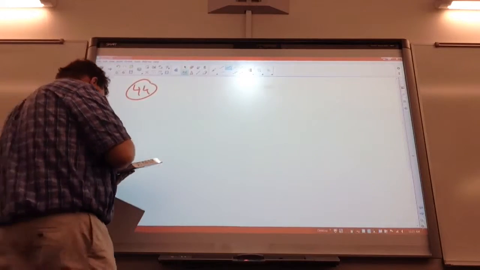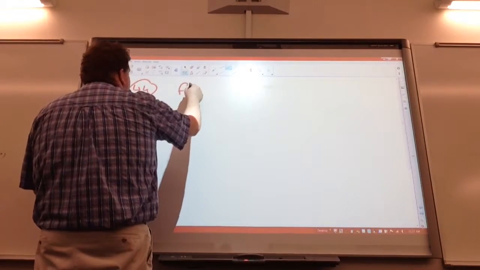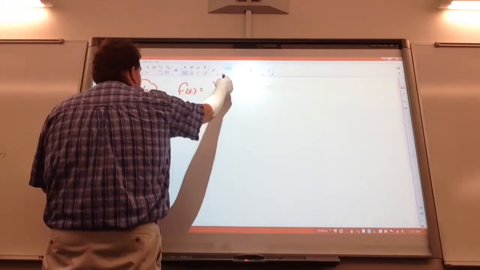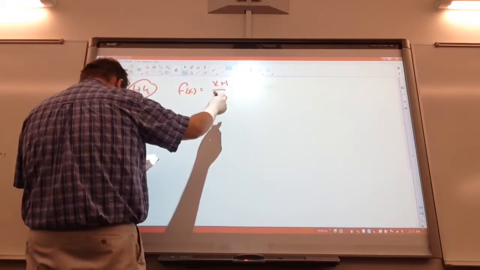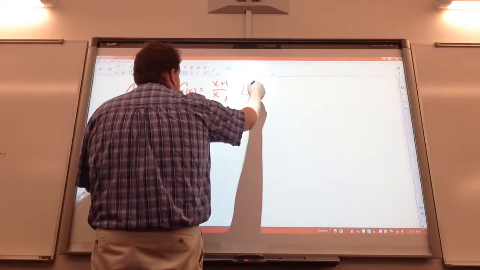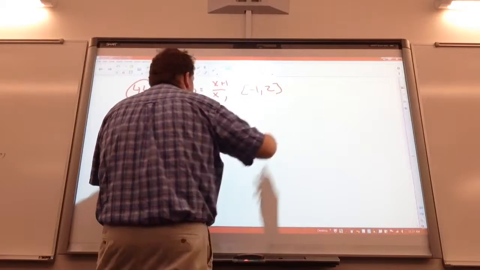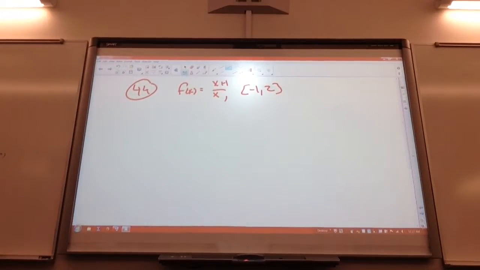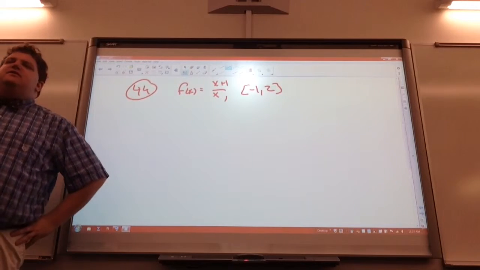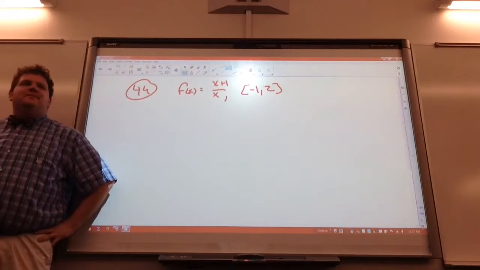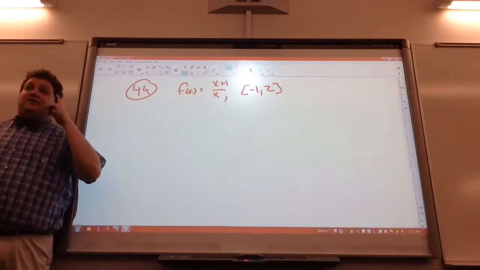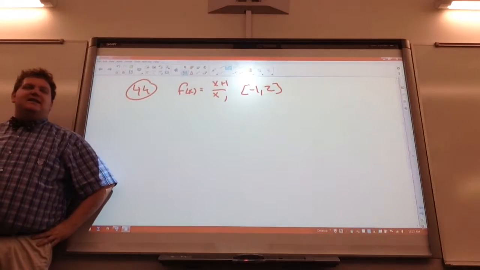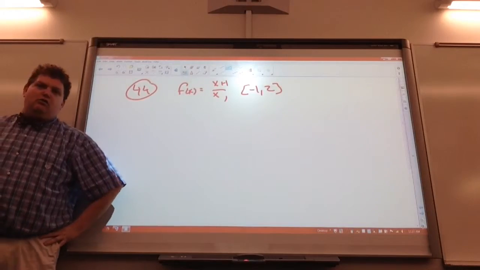For 44, we've got f of x is equal to x plus 1 over x from -1 to 2. And we want to see what the mean value theorem tells us. Well, can I even use the mean value theorem here? Isn't there a hole? Or specifically an asymptote. Where is it located? At 0.